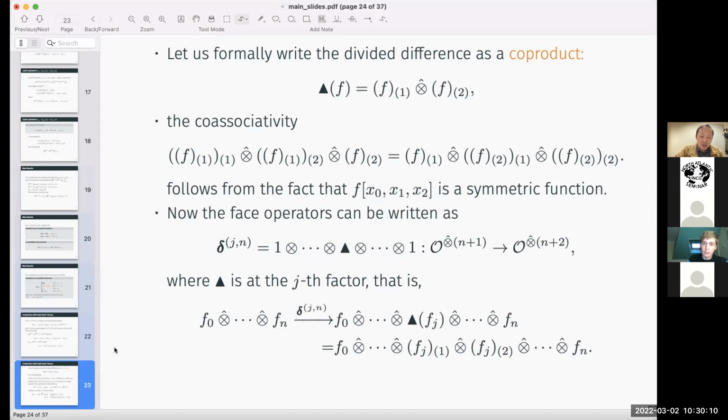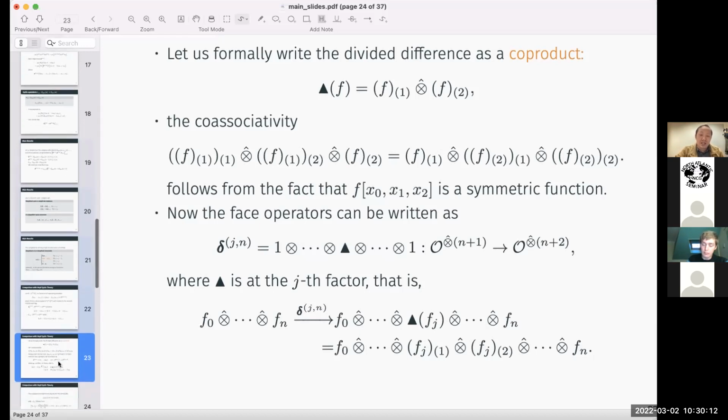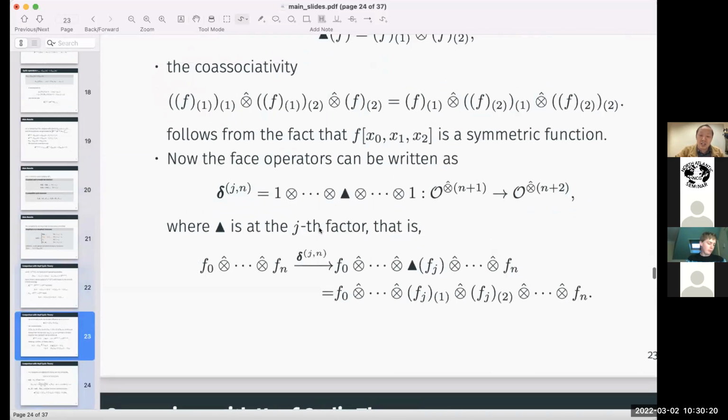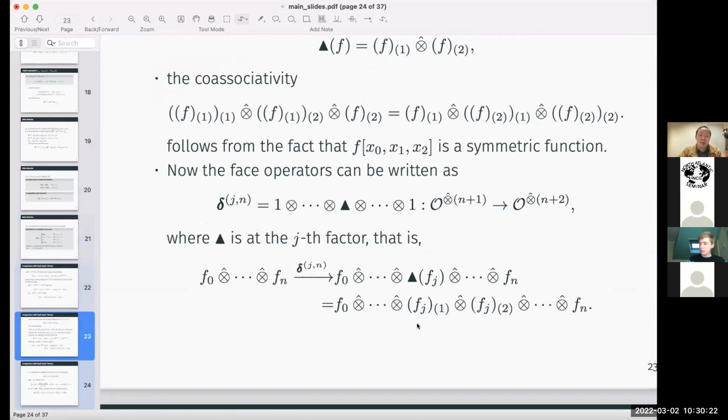What's not surviving here is that, because it's another part of the Hopf-cyclic theory, this face map will fulfill the axioms for one of the simplicial or cosimplicial structures. The simplicial part about delta is checked because it's already checked in the Hopf-cyclic theory.